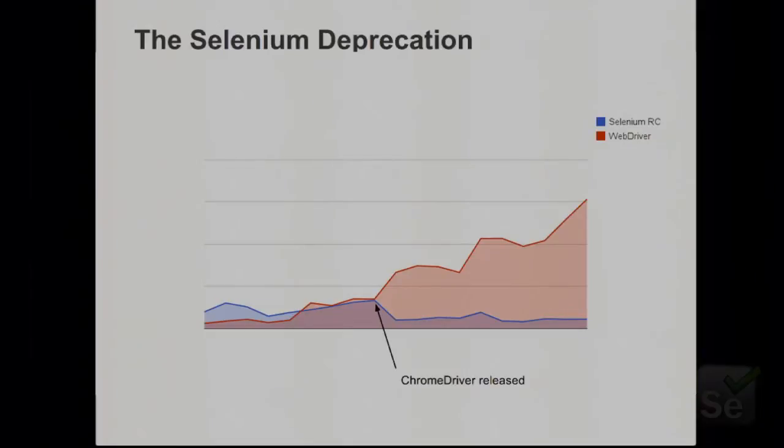About this time, Simon also wrote the WebDriver-backed Selenium and Selenium-backed WebDriver to help people with the migration. But for the most part, they either just started over and used WebDriver directly, or they just ignored us and continued to use Selenium RC.